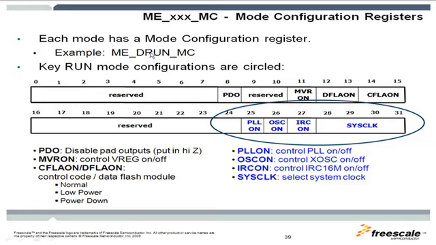And then for the default run mode, the D-run mode, there is a mode configuration. This is just an example, and this is what's in there. So here are the controls to turn on the clock sources, the oscillator, the PLL, the IRC, and then I specify system clock. For run modes, that's all I need to worry about. And these, just leave alone, leave these on.